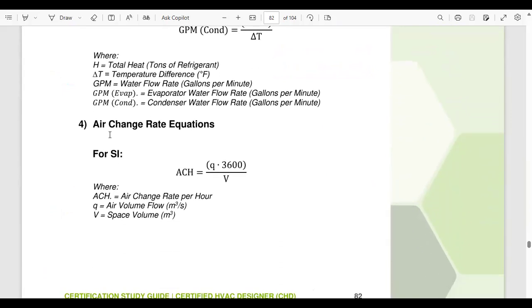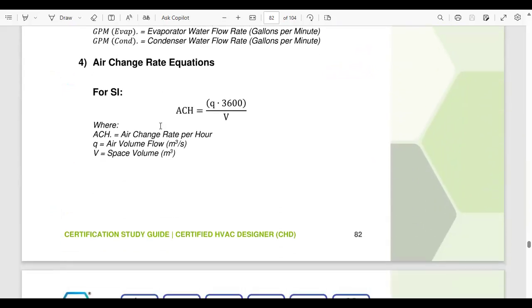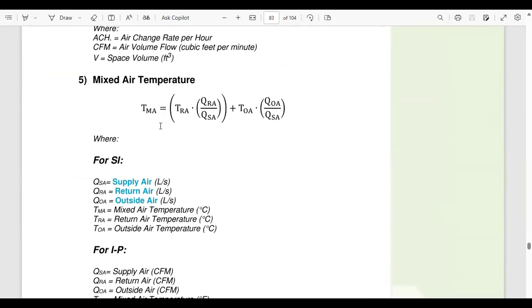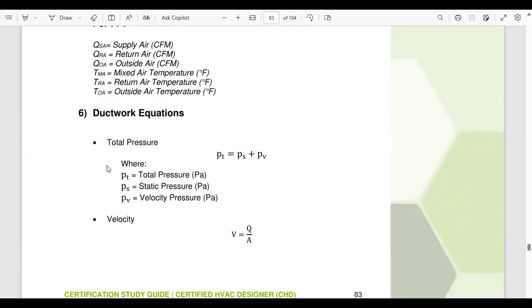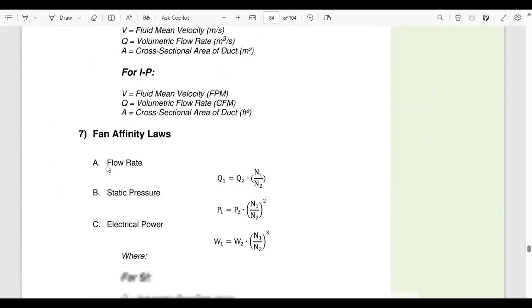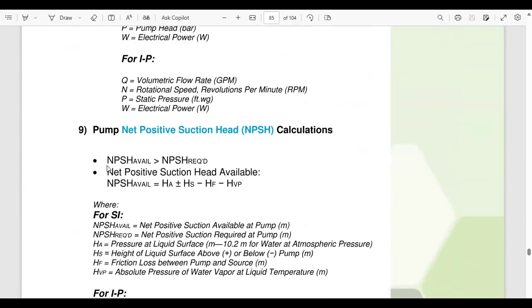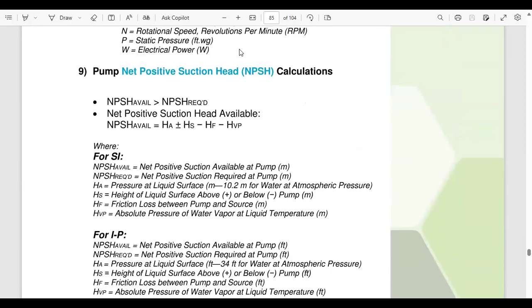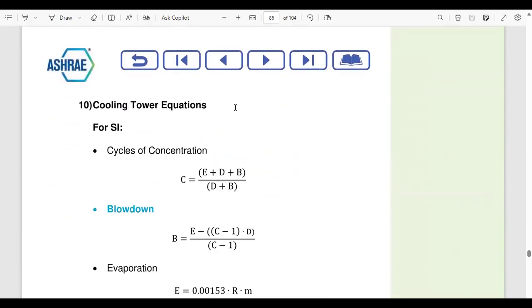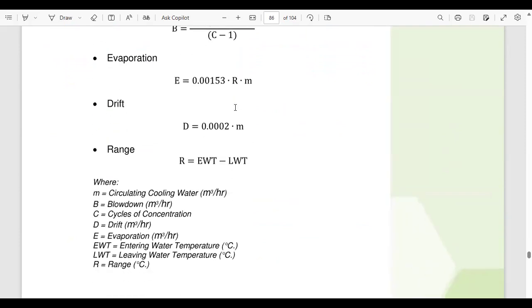Here are other equations: air change rates equation, mixed air temperature equation, ductwork equation, fan affinity law equation, pump affinity law equation, NPSH (net positive suction head) calculation equation, and cooling tower water loss calculations.